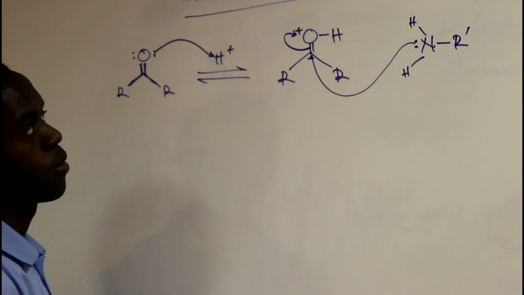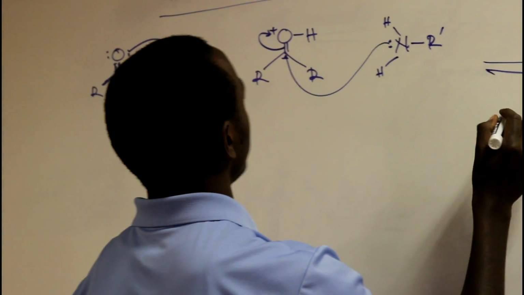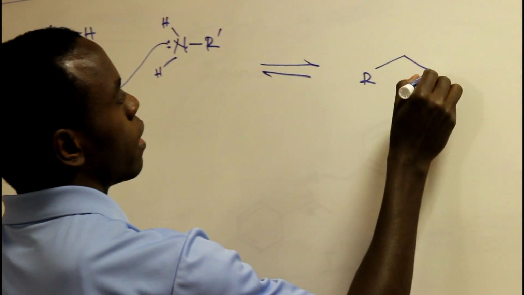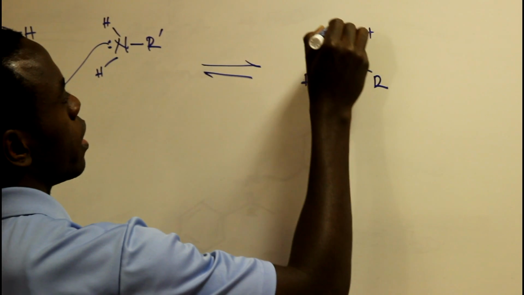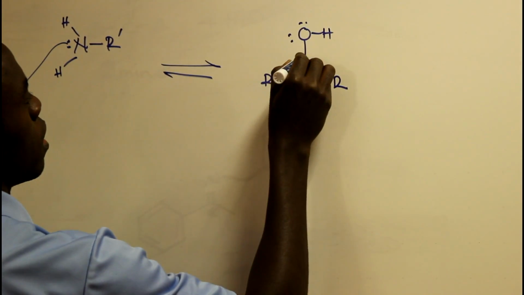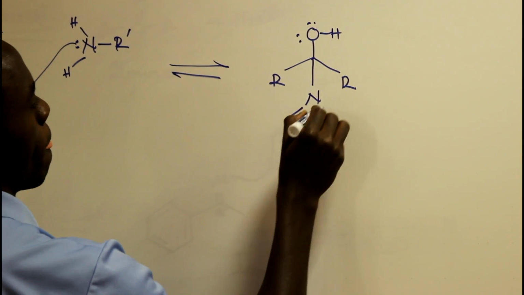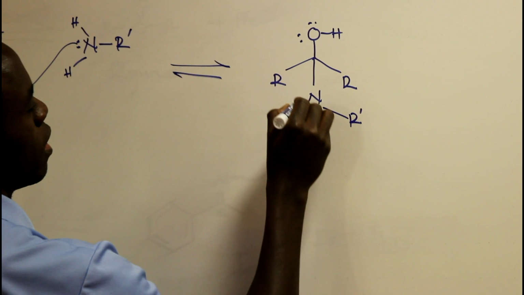That bond is lost to oxygen, and this helps in the formation of this next structure, which is R, R, OH, nitrogen, R prime, hydrogen, hydrogen.